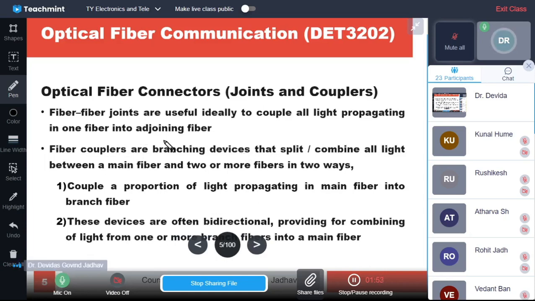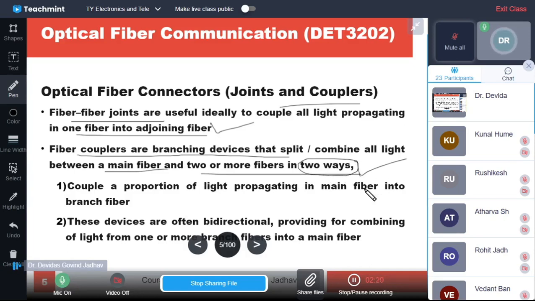So joints and couplers. Fiber joints are useful ideally to couple light propagating from one fiber to the next fiber. And couplers are branching devices that split or combine the light between the main fiber and two or more fibers in different ways.